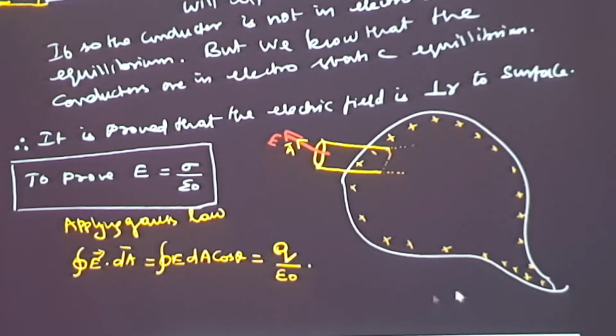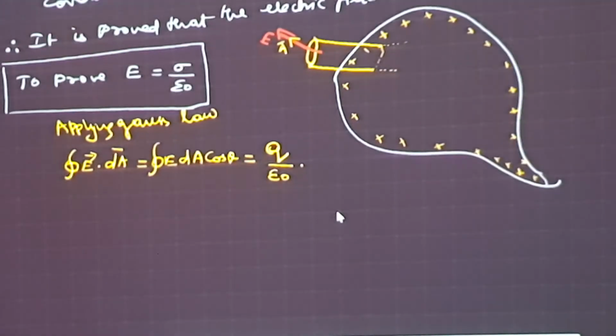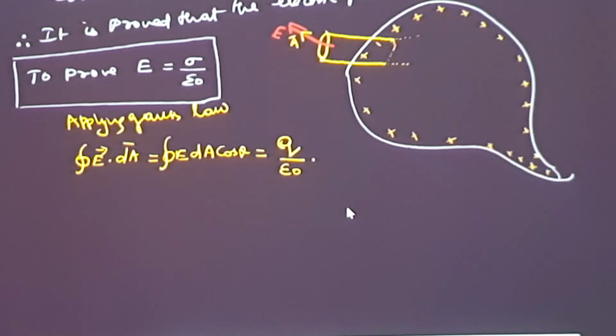Now, what is the value of closed integral of E dA cos theta for the Gaussian surface that I have considered? The Gaussian surface has a curved surface, the top end cap, and the bottom end cap inside the conductor.